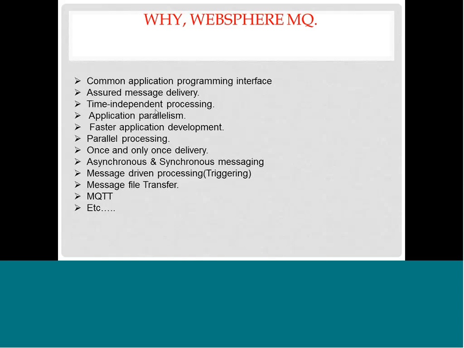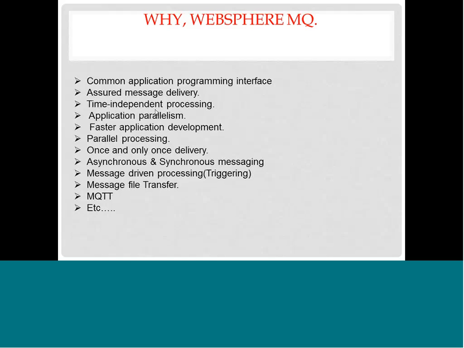When you are making a web service call, sending a request from one place to another, in case the destination application is not available, that web service call will fail, right? It will simply throw an exception, like page not found or service is not available.